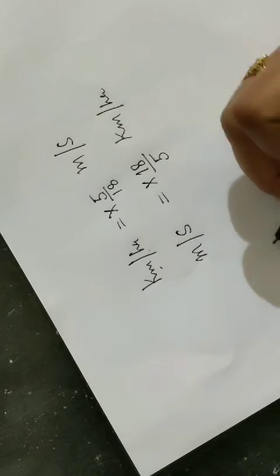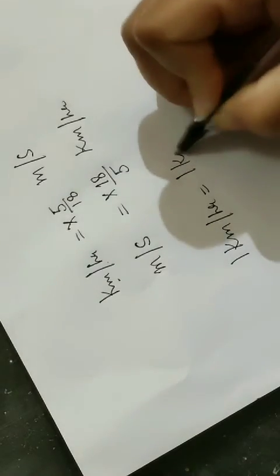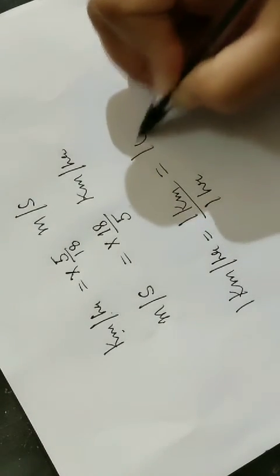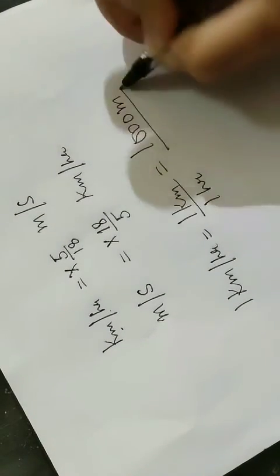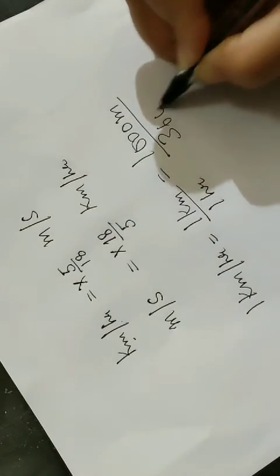Look, we know that 1 kilometer per hour, we can write it as 1 kilometer divided by 1 hour. 1 kilometer is equal to 1000 meters and 1 hour is equal to 3600 seconds.